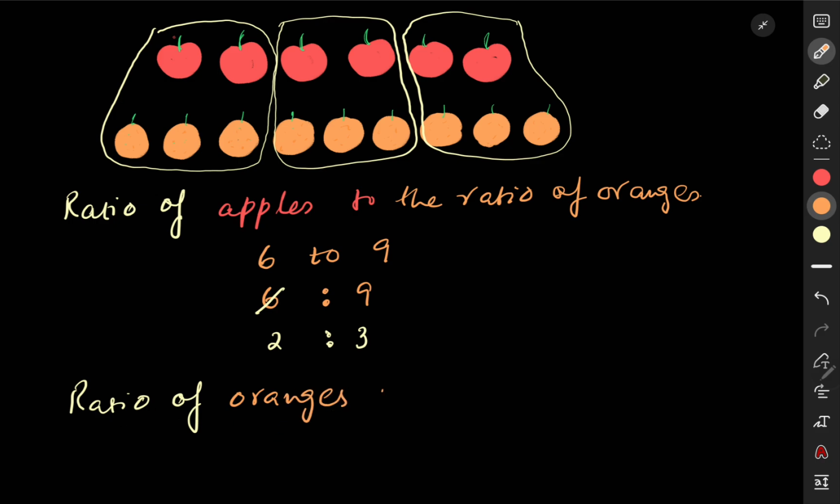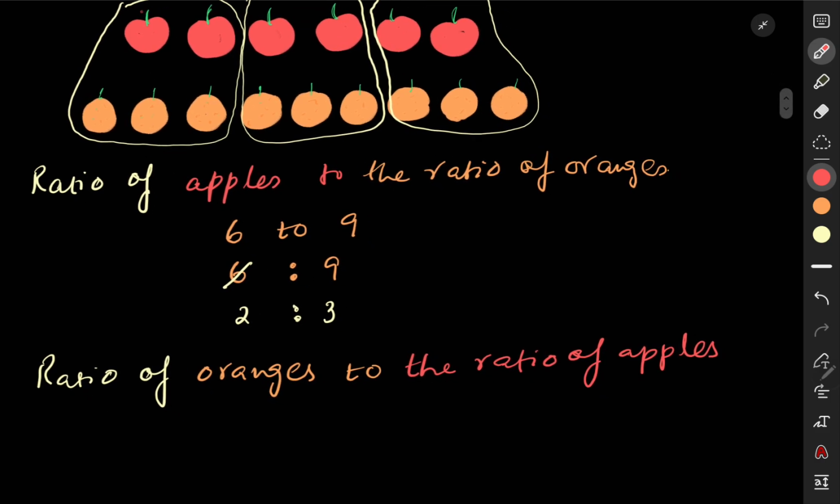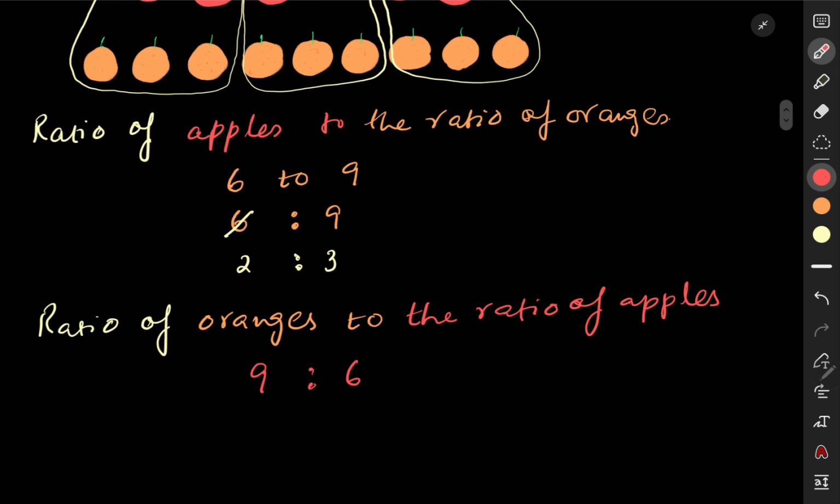Ratio of oranges to the ratio of apples, we swap the numbers. The number of oranges is 9, so we write 9 here, and the apples are 6, so we write 6 here.